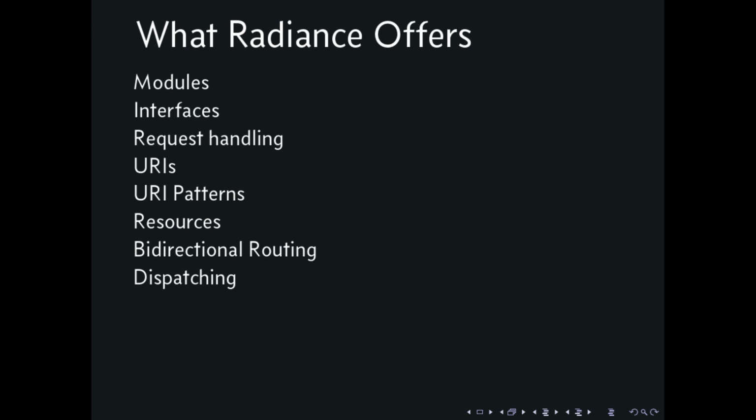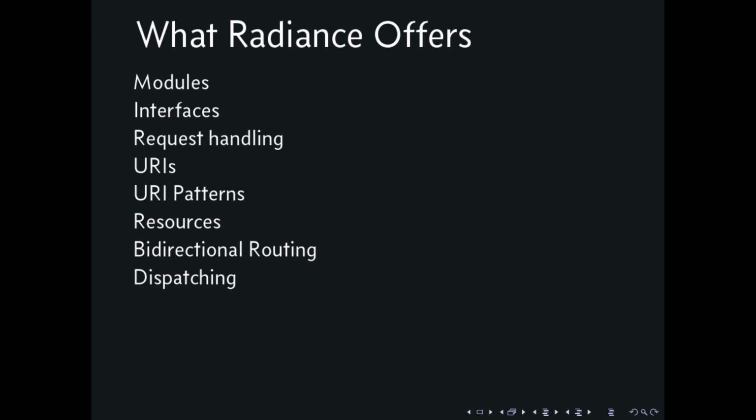So what does Radiance offer in the end? It offers separation and encapsulation through modules. It allows a convenient way to specify interfaces and use them with your application so that a sysop can have whatever he wants in the end. It allows for request handling, of course, URI parsing and URI patterns in your templates.